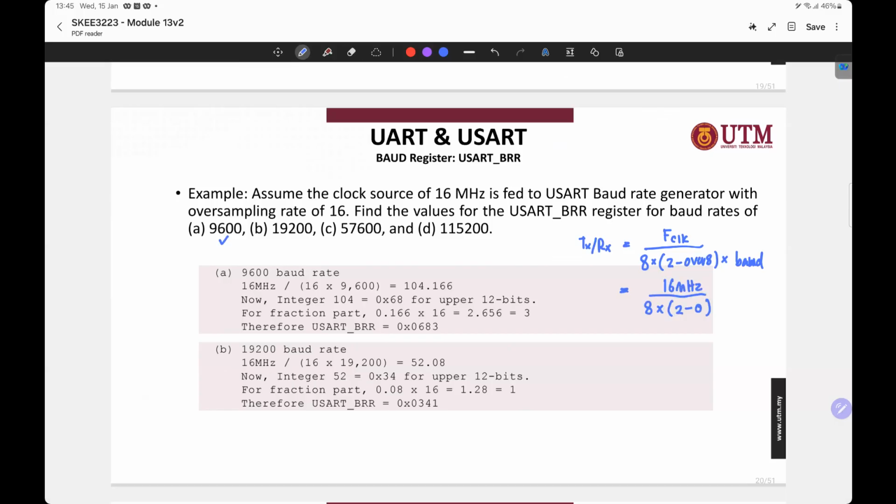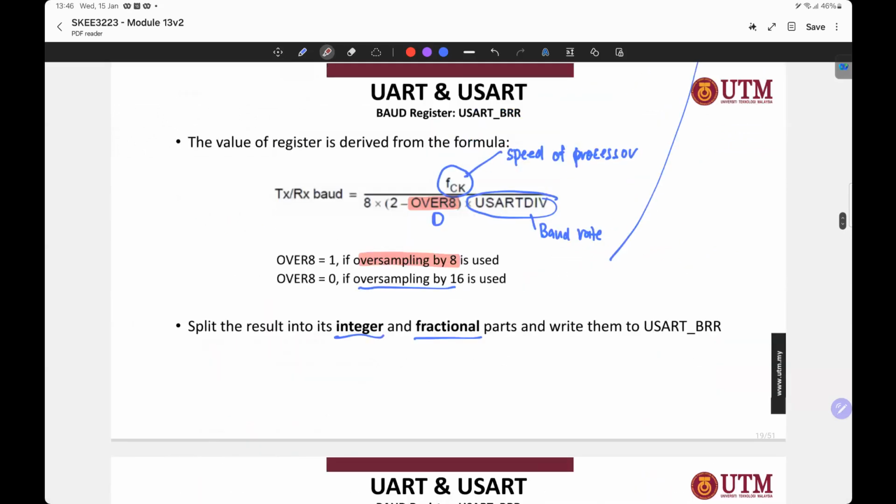Because the data will be oversampled by 16, and the over 8 equals 0 when you oversample by 16.